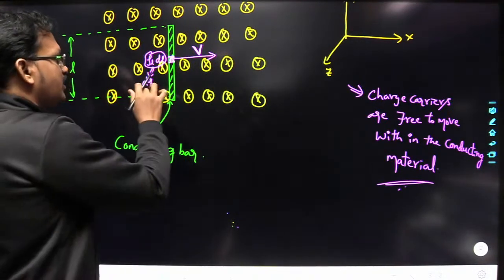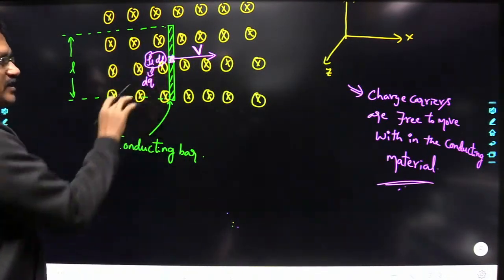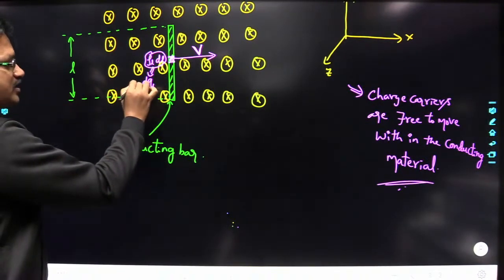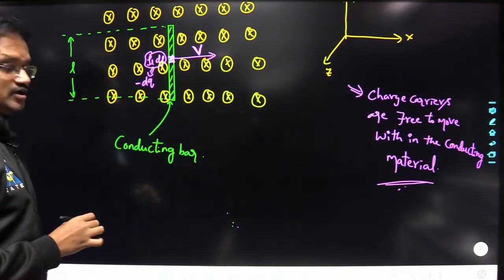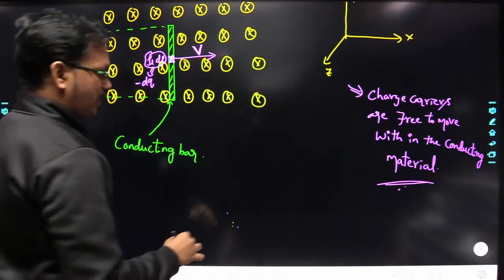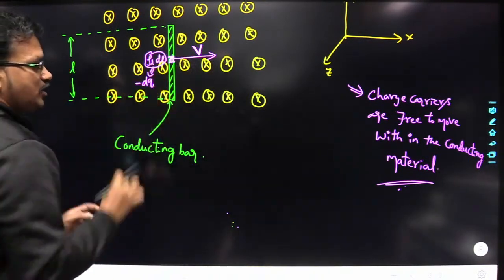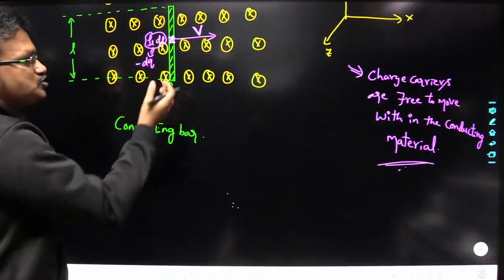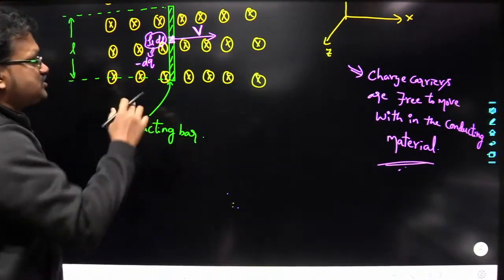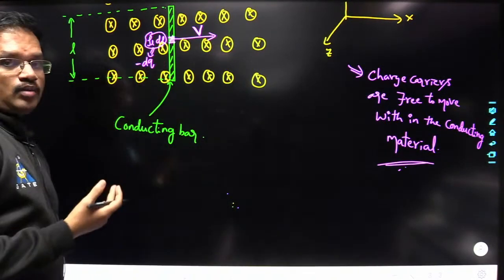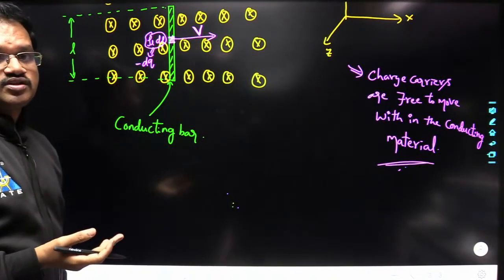Okay, so now this dq is nothing but a negative charge. Yes or no? So I am considering it as minus dq, right? I am considering only this dq amount of charge. So I will try to determine in which direction this minus dq amount of charge is going to experience the force.